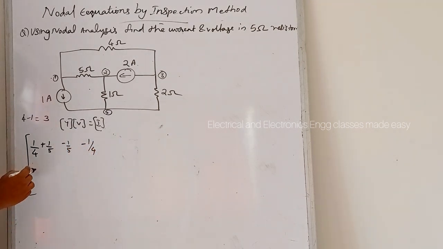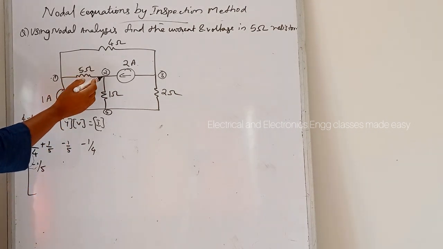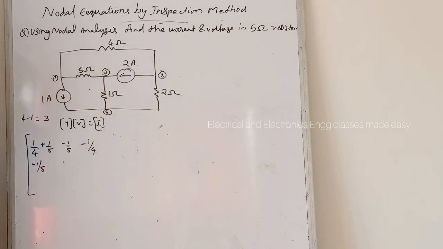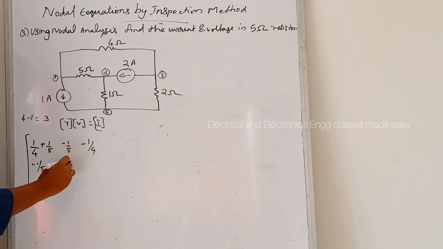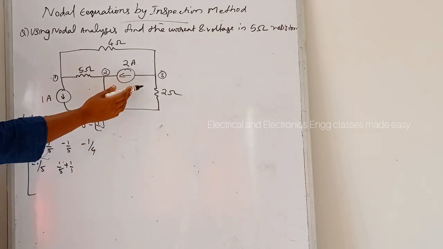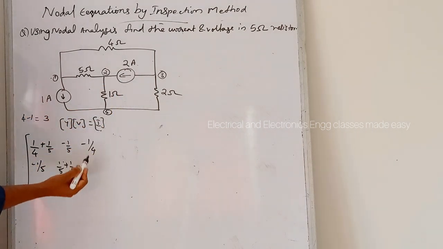Next is Y21. Y21 is minus 1 by 5. Y22, that is the conductance connected to node 2, that is 1 by 5 plus 1 by 1. Then Y23.